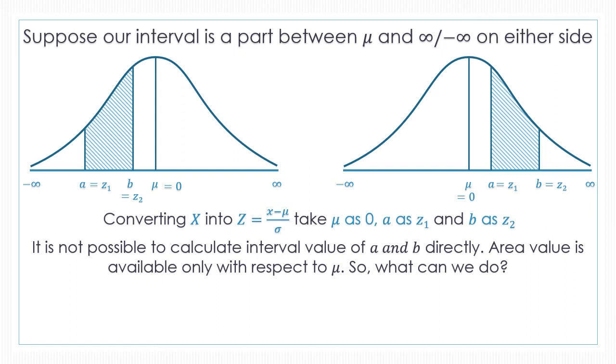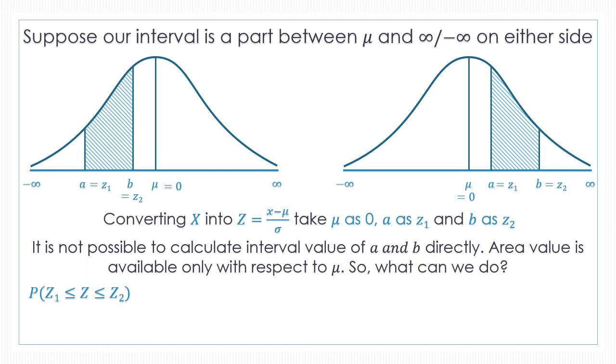Talking about the left figure here, what I am supposed to calculate is the probability value between A and B, that is between Z1 and Z2. So let's write down that equation first. Z1 is less than Z, which is less than Z2. Always start from the left side. The highlighted part here is Z1 to Z2. So Z1 less than or equal to Z, less than or equal to Z2 is what I am going to calculate here.